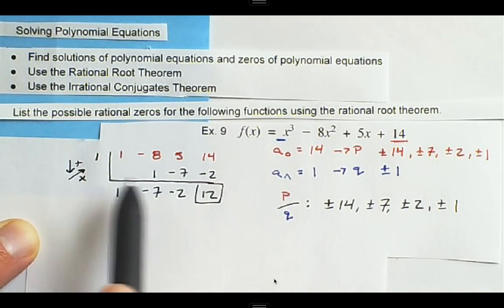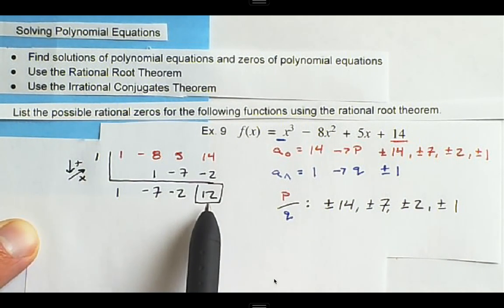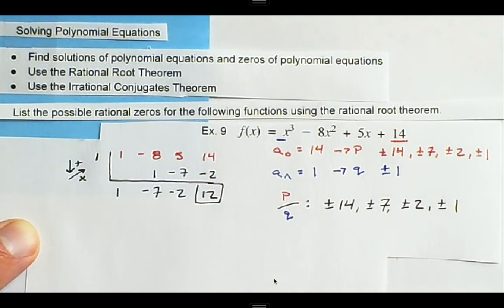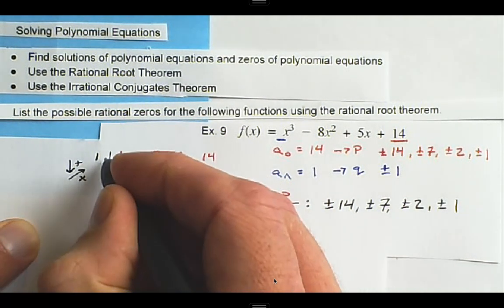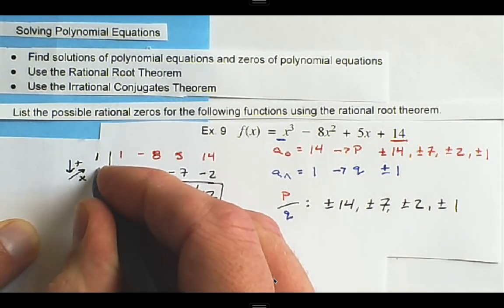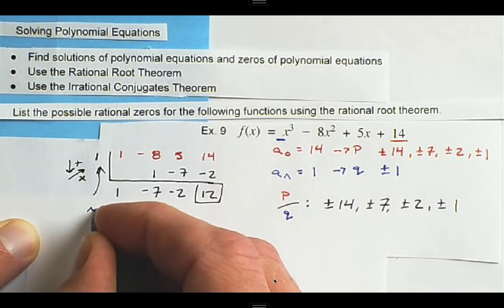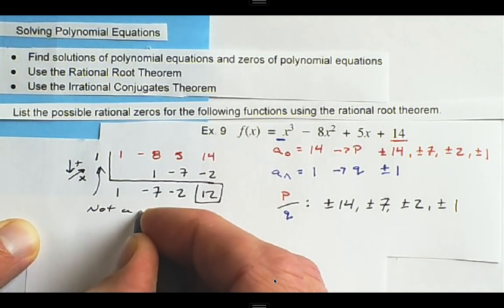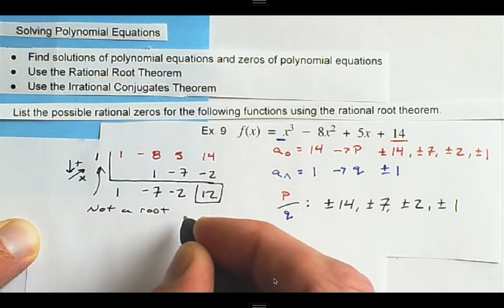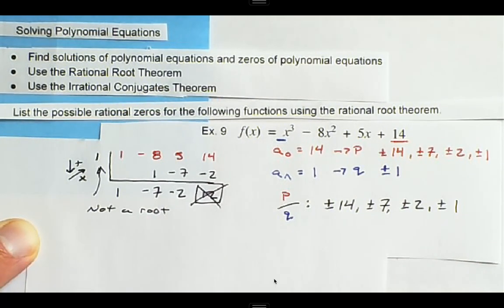Now, if this were a root, our remainder here should be 0. So our remainder is not 0. So 1 is not a root.